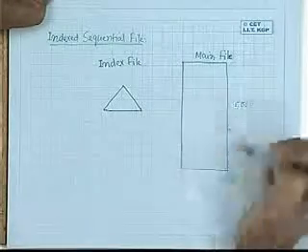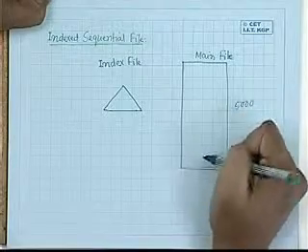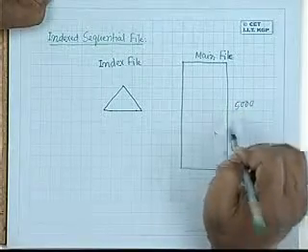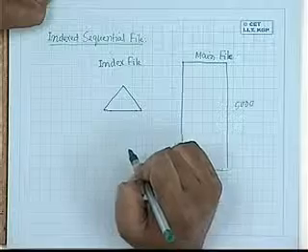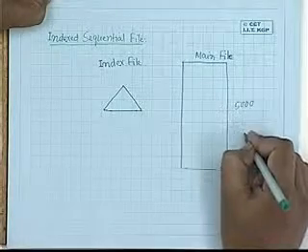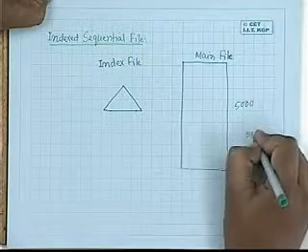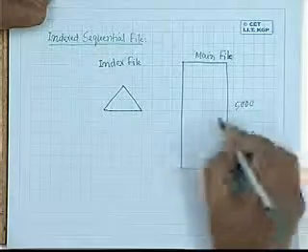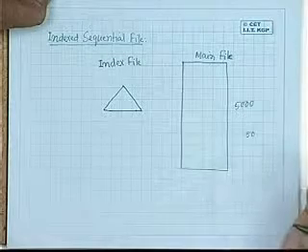That means there are 5,000 records, so there will be 5,000 key values. Out of these 5,000 key values, I will select, say, 50 key values uniformly distributed over this file.